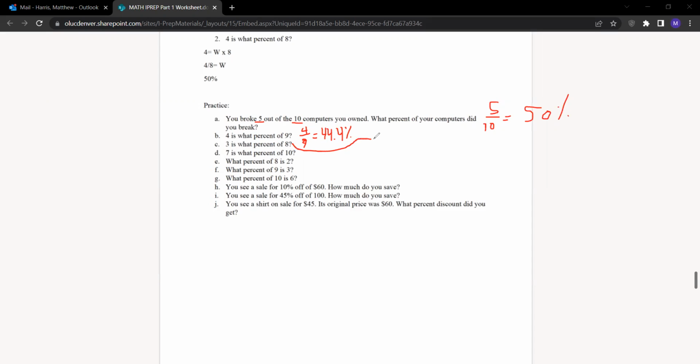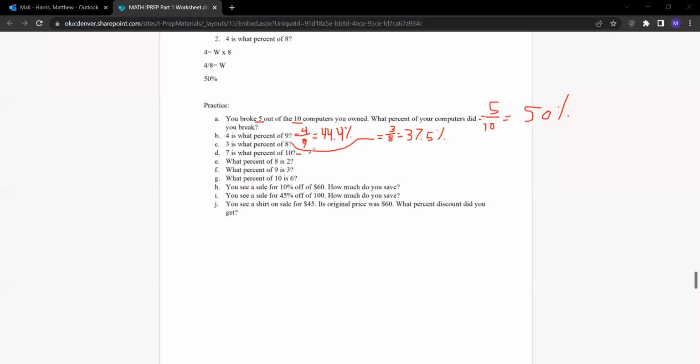So now we have 3 is what percent of 8? So same thing, you have 3 over 8. 3 times 100 divided by 8. You're going to get 37.5%.